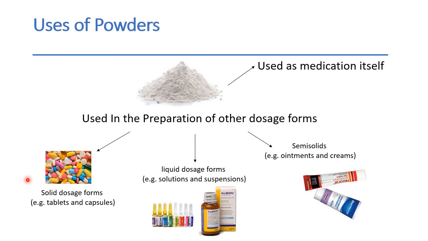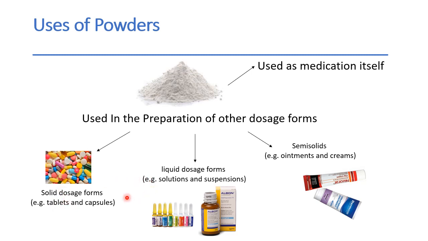Although the use of medicated powders in therapeutics is limited, the use of powdered substances in the preparation of other dosage forms is extensive. For example, powdered drugs or medicines may be blended with other powdered fillers and other pharmaceutical ingredients to fabricate solid dosage forms such as tablets and capsules.